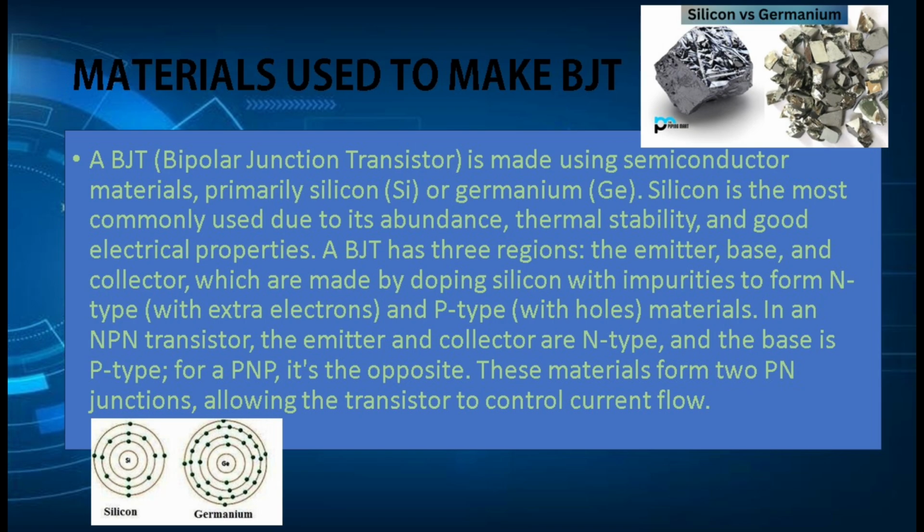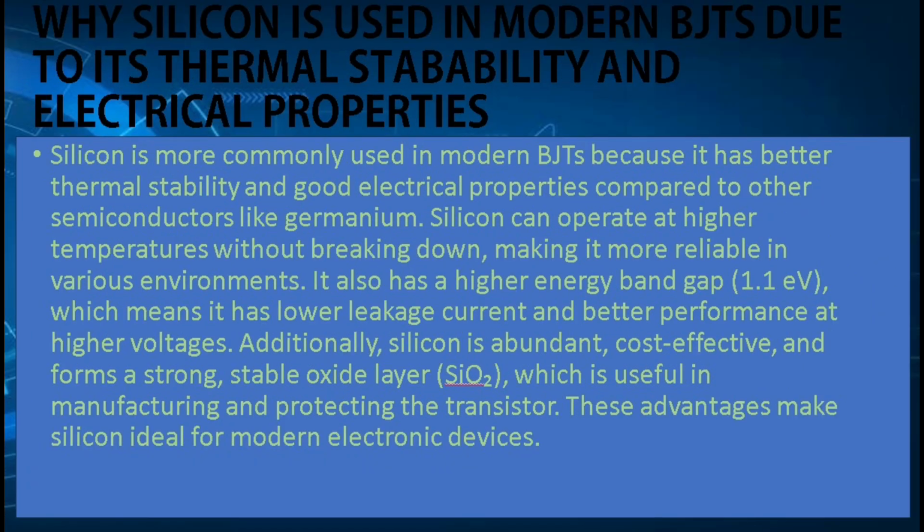A BJT has three regions, which are emitter, base and collector, made by doping silicon with impurities to form N-type material with extra electrons and P-type material with holes. In an NPN transistor, the emitter and collector are N-type and the base is P-type. For PNP, it's opposite. These materials form two PN junctions, allowing the transistor to control current flow.